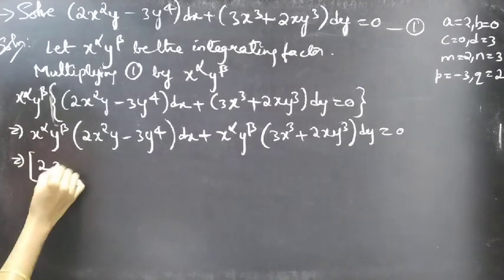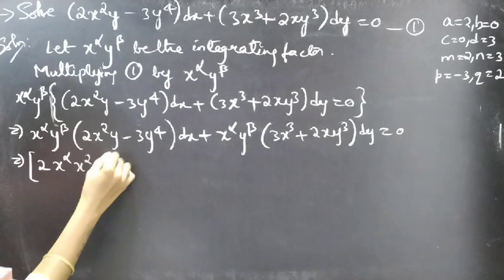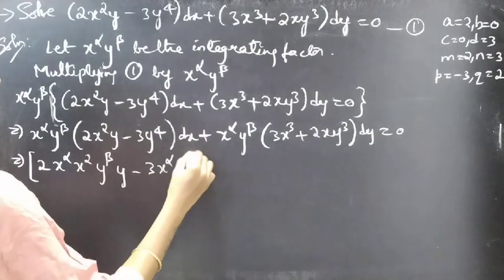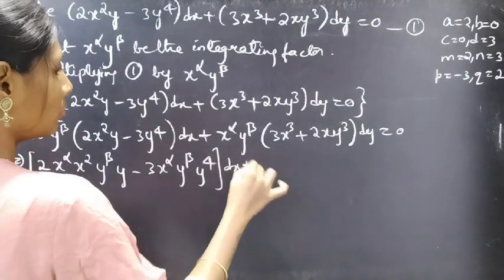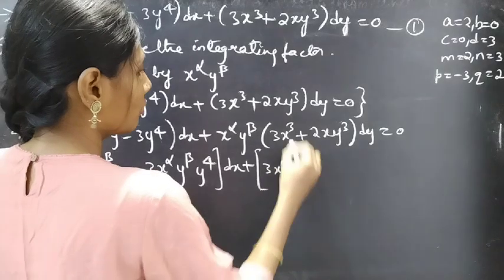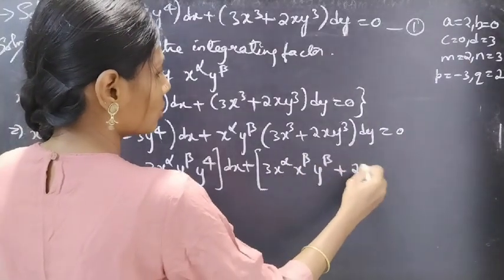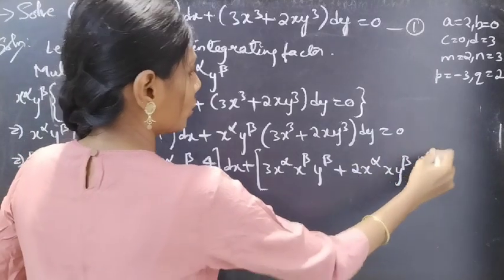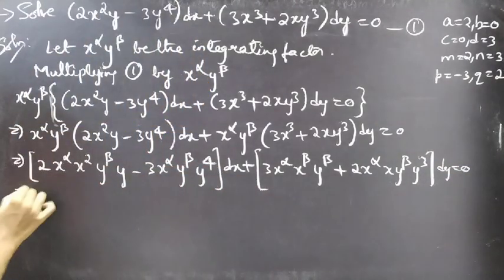You can write this as 2 into x power alpha x square y power beta y minus 3 into x power alpha y power beta y power 4 dx plus 3 into x power alpha x cube y power beta plus 2 into x power alpha x y power beta y cube dy equal to 0.